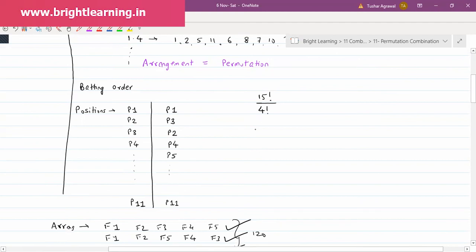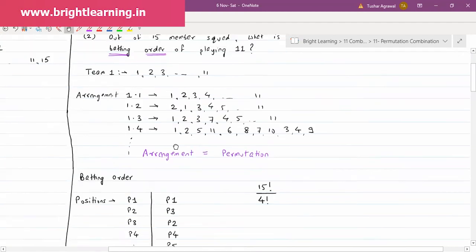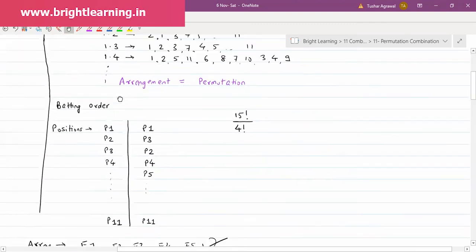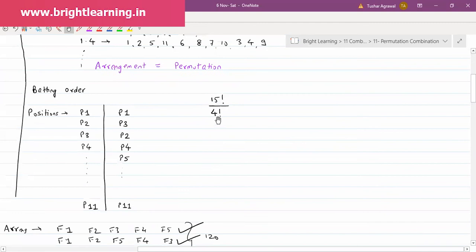So just to show you how it's used, in the permutation and combination chapter this question will be asked, not evaluate the factorial notation. To answer this question, I'm just giving you the introduction of the factorial notation. The answer is 15 factorial upon 4 factorial, and this you will calculate. Let's say 15 into 14 into 13 into 12 into 11 into 10 up to 6 into 5, and then 4, 3, 2, 1 will get cancelled out.